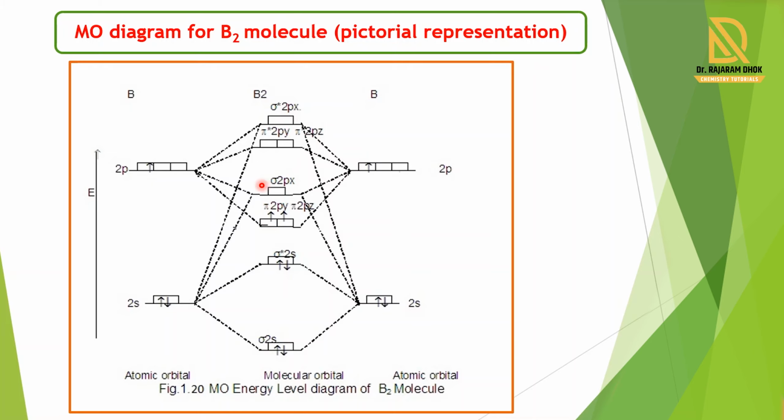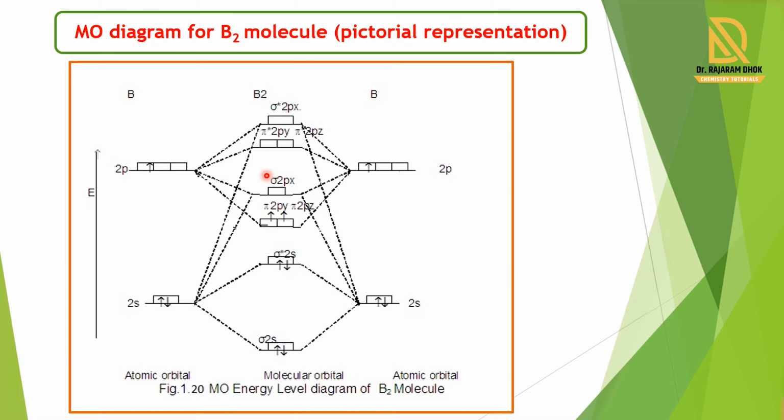When the wave functions are different, py and py form an antibonding molecular orbital. In the same way, pz and pz atomic orbitals form pi 2pz and pi star 2pz bonding and antibonding molecular orbitals. In this way, these 8 molecular orbitals are formed.